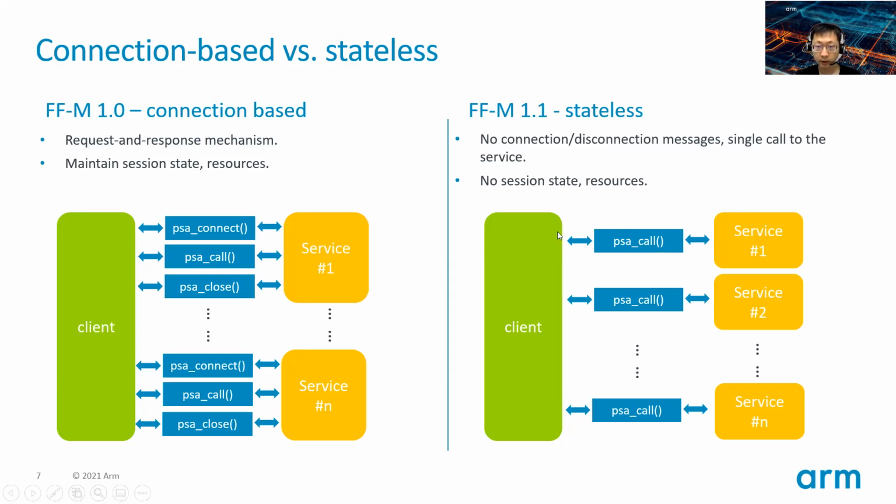Clients do not need to prepare connection or disconnection messages anymore, just a single PSA call to the service. No session data is maintained by the service. This mechanism can improve service efficiency by avoiding connection and disconnection message processing and decreasing the thread scheduling overhead.